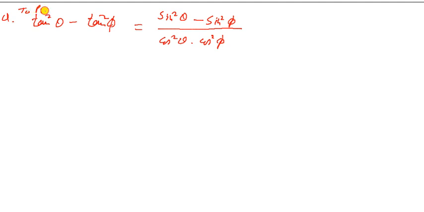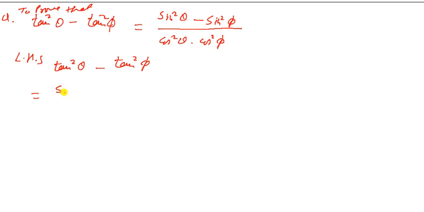So how can we solve this? The question is to prove that. Taking the left hand side, it is tan square theta minus tan square phi.